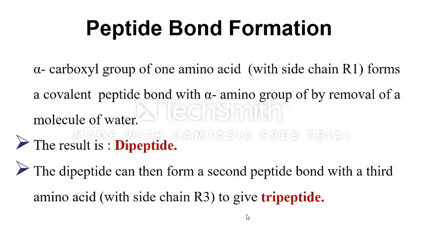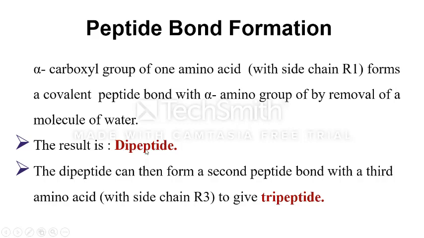Now, how is a peptide bond formed? The alpha carboxylic group of one amino acid with the side chain R1 forms a covalent peptide bond with the alpha amino group of another amino acid by removal of a water molecule. This results in the formation of a dipeptide because two amino acids get together.